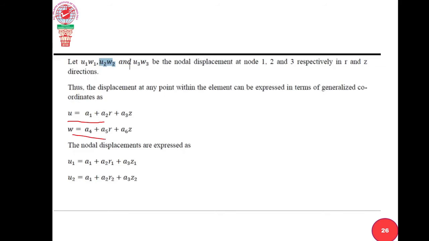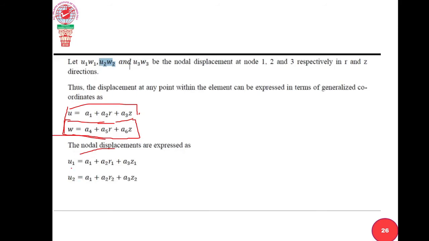That is two displacement functions, one with respect to the radial direction and another with respect to the axial direction. The global displacement function with respect to the axial direction is W equals A4 plus A5 R plus A6 Z.